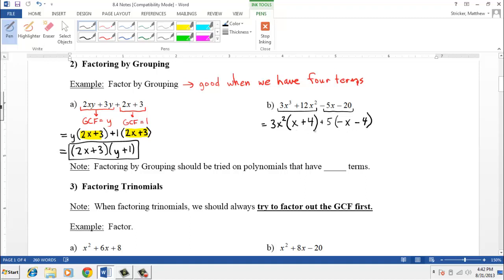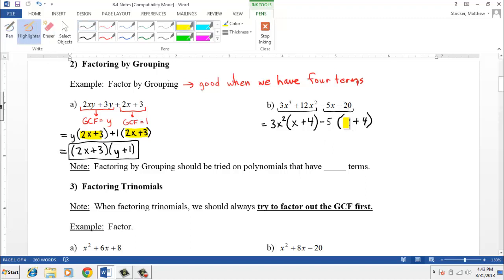This is x plus 4 and this is negative x minus 4. So what we need to do to fix this problem is, instead of factoring out a positive 5, let's factor out a negative 5. So negative 5 times x makes negative 5x, and then negative 5 times a positive 4 gives a negative 20.